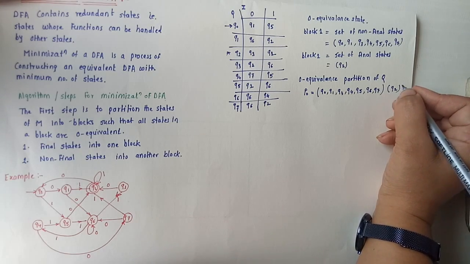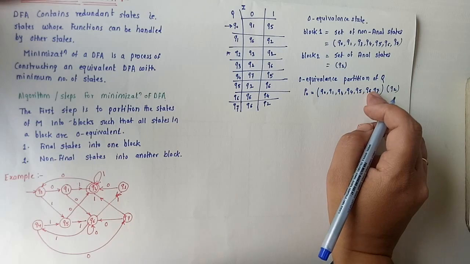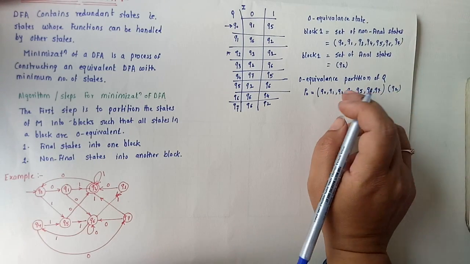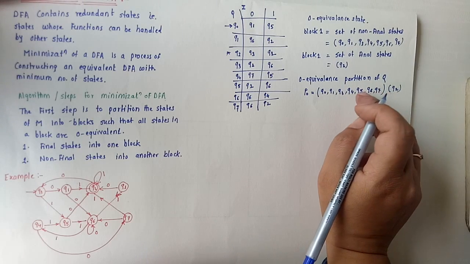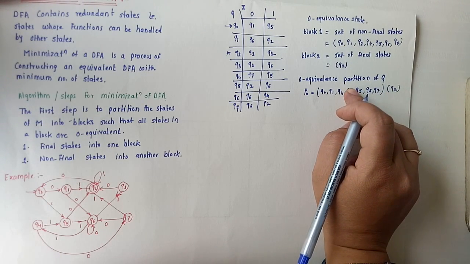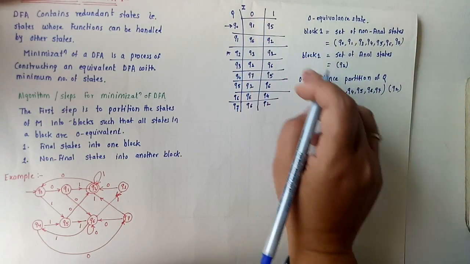Now we check this partition. The number of states in this block is greater than 1, and q2 cannot be partitioned further, so this block is partitioned. We find the 1 equivalence for the symbol 0 and for the symbol 1.